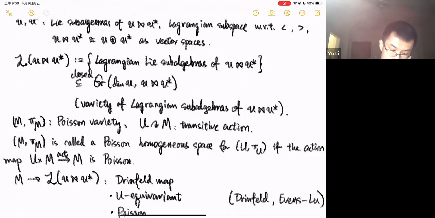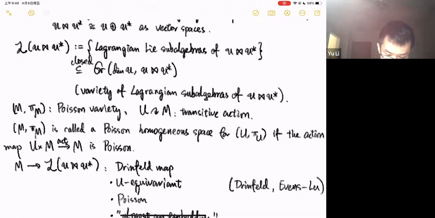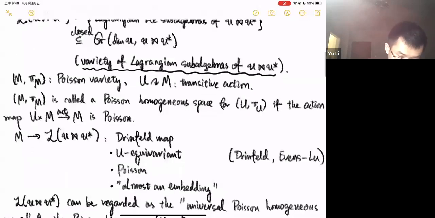It's rather easy to see that it's a closed subvariety, because being a Lie subalgebra and being Lagrangian are both closed conditions. So this is called the variety of Lagrangian subalgebras of the Drinfeld double. What is the significance of this?